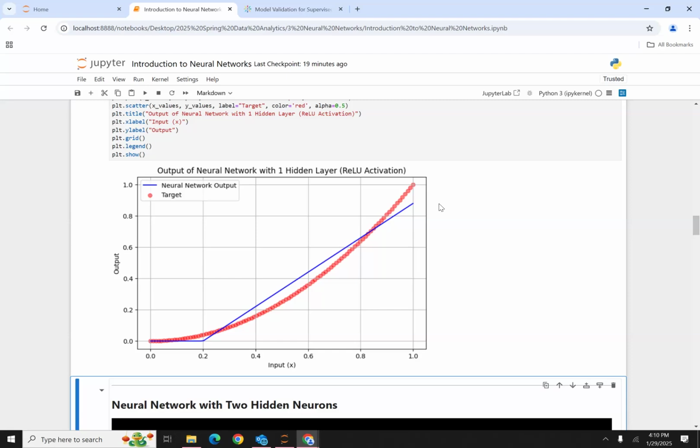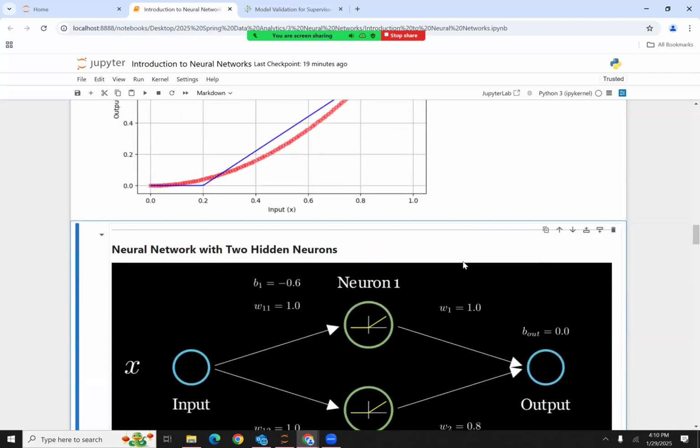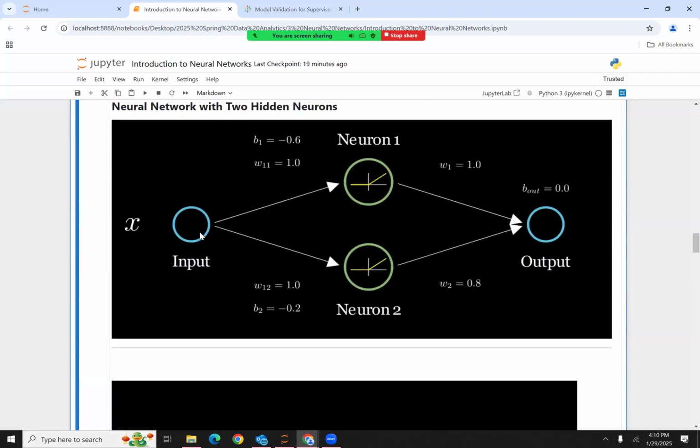All right, so if one neuron fits the data reasonably satisfactorily, then let's see what happens if I had two neurons. So I have the input where X comes in. X goes to hidden neuron 1 using some weights and some biases. And X also goes to another hidden neuron in one hidden layer.